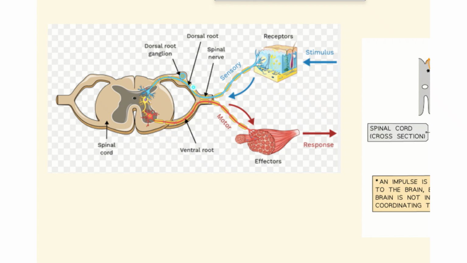Okay, the part of the sensory neuron that is inside, if you wish, the part that is inside our vertebrae, because all of this is our backbone, is called the dorsal root.